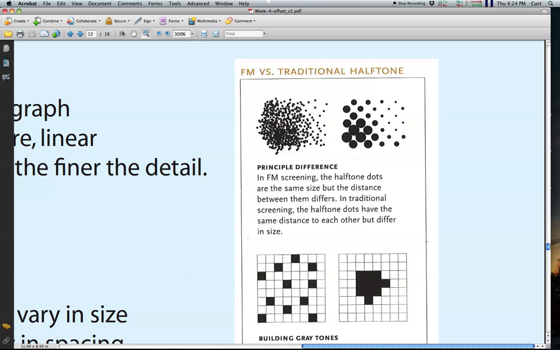Well, there's another type of screening called FM stochastic screening, which is where all the dots are the same size, but then they just clump more of them together, and there's no grid pattern, they're just spaced around to create the density or darkness that is necessary for that part of the image.